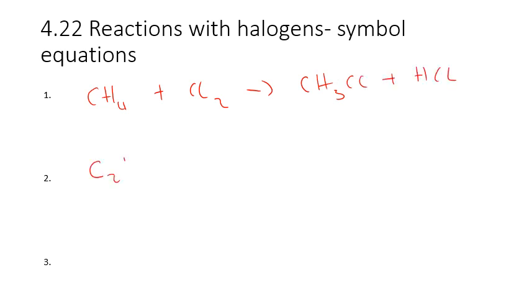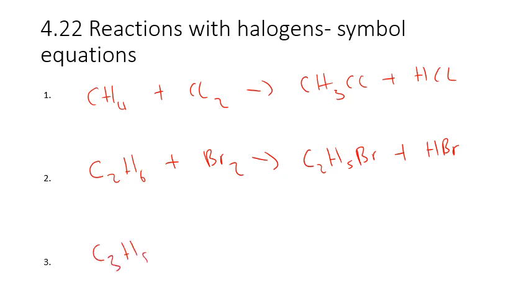Then we had ethane, C2H6, reacting with bromine, producing bromoethane and hydrogen bromide. And then, of course, propane, C3H8, reacting with iodine, produces C3H7I, iodopropane, and hydrogen iodide.